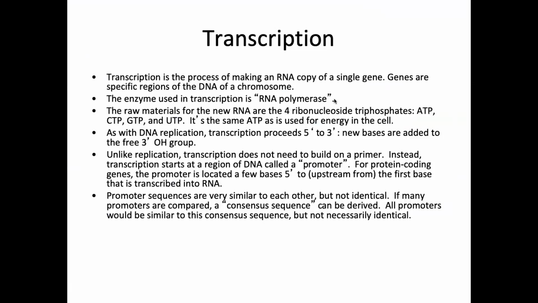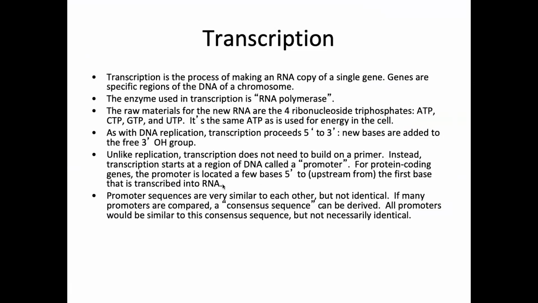So just to relate this concept of these promoter sequences or regions to things we've talked about previously. How do you initiate replication? It's at a specific site within the DNA molecule, the OriC region. And how does the helicase recognize that particular region of the chromosomal molecule of DNA?